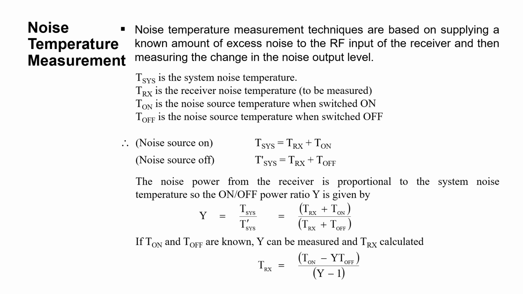So Trx is actually T on minus Y T off, divided by Y minus 1. You don't need it to be that complicated. If you get Y, then you know how to put these equations and get to the Trx.